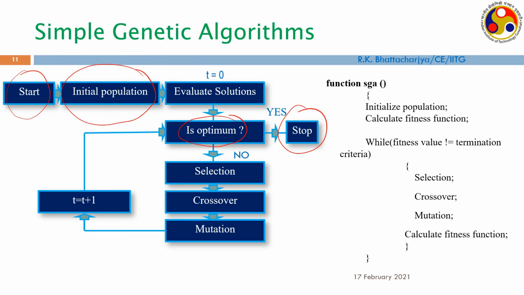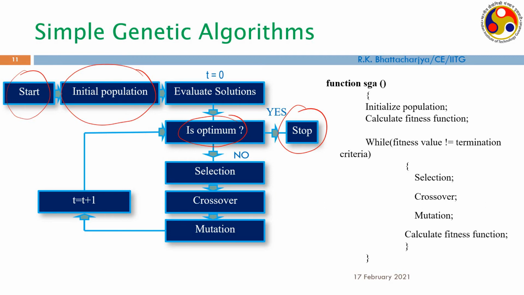But if it is no, then it will go through some operators. These operators are selection, crossover, and mutation, and these operators exist in nature also. Those who pass through these operators will be able to survive and go to the next generation, and those who fail to go through these operators will not be able to survive.